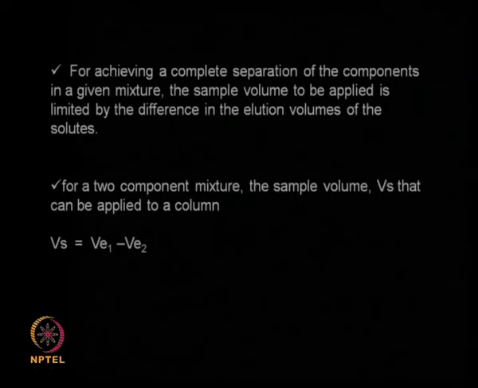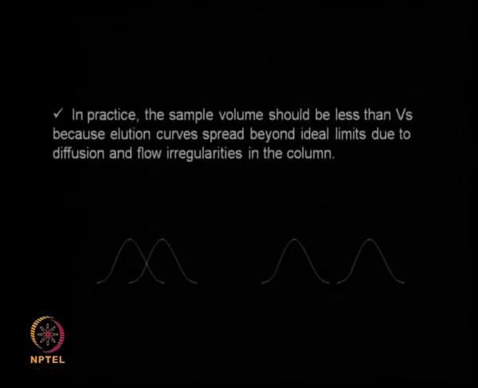That means we are not able to achieve a good separation, okay. Vs becomes very small actually. If the elution volumes for component 1 and component 2 are vastly different, then this difference also increases, so Vs also becomes very large, okay.